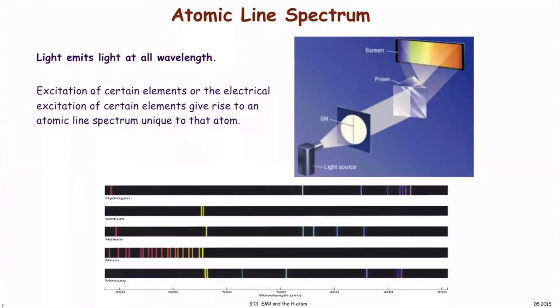You excite it with the heat, and then the electrons come relaxing back down to their ground state, and that process releases different radiation, different light. Because each element has a different number of electrons, each element has a different electron configuration. Each element is going to have different ways in which the electrons relax back down to the ground state, and so they all have a unique atomic line spectrum.